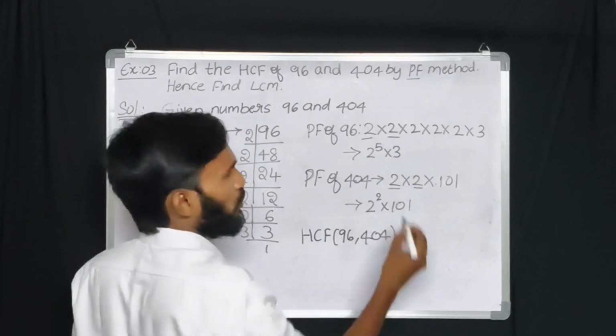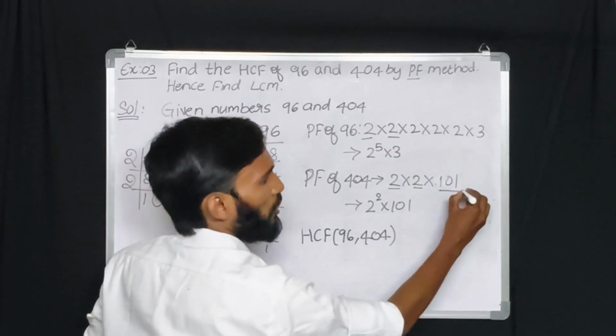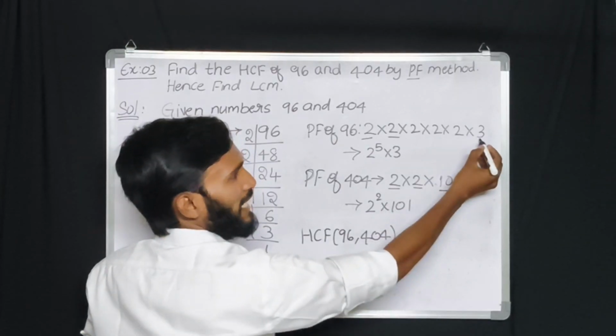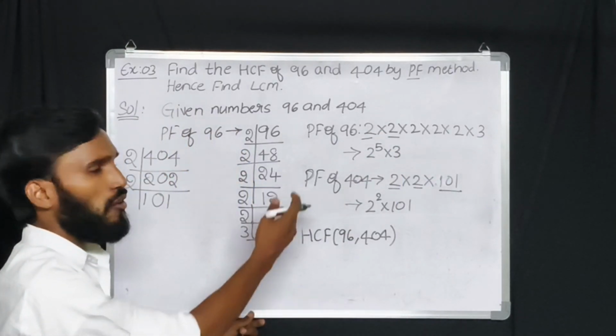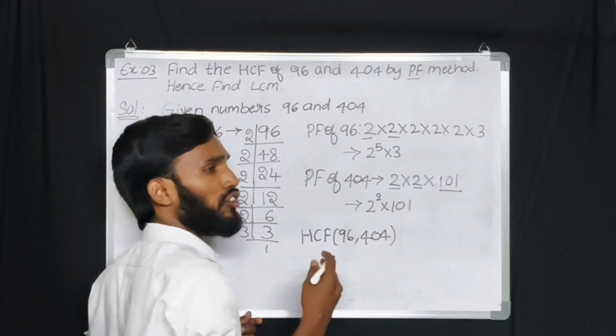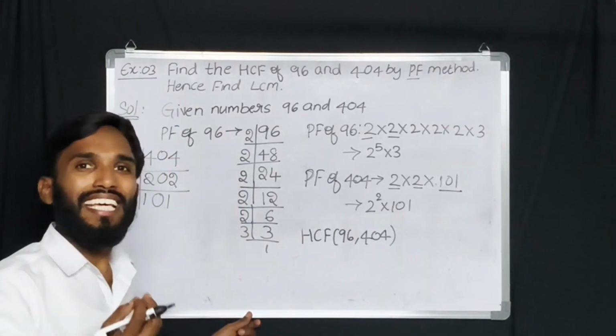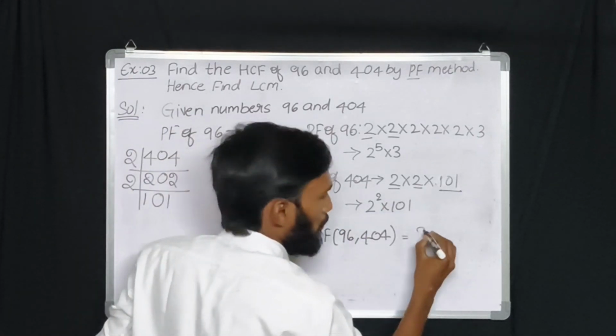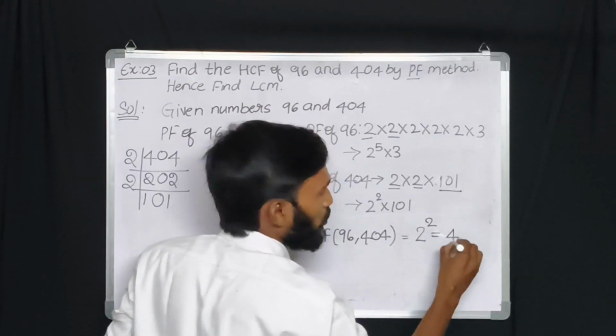Again 2 times. Next, 101 is here but not in the factors of 96, and 3 is in the factors of 96 but not in 404. So we take the highest common factor with the least power. How many times does 2 come? 2 times. That means 2 square is equal to 4.